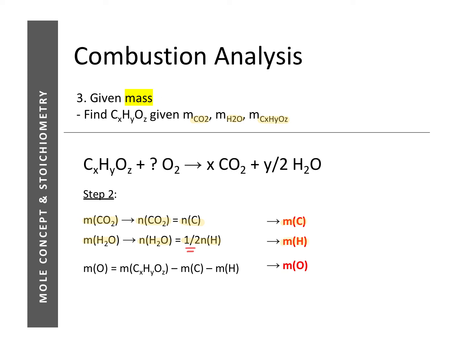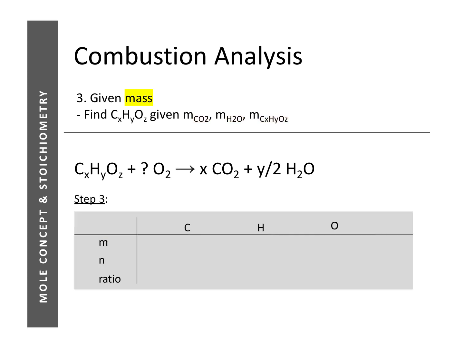For the mass of oxygen, how do we find it? We can find it indirectly by taking the mass of your organic compound, subtracting away your mass of carbon and hydrogen, and then we'll obtain the mass of oxygen. Once we have obtained the masses of carbon, hydrogen, and oxygen in the organic compound, the next step is something you will find very familiar. We have learned in O-levels that given mass data, we can find the empirical formula of a compound.